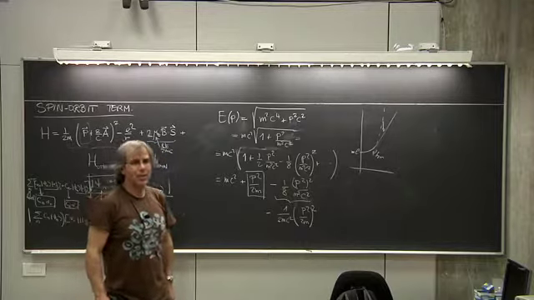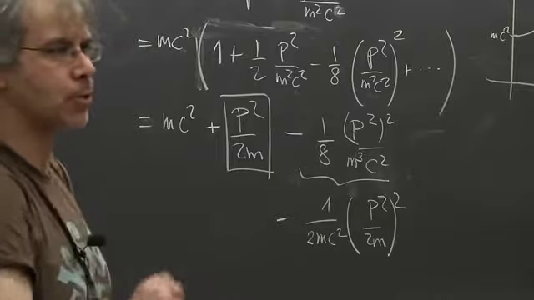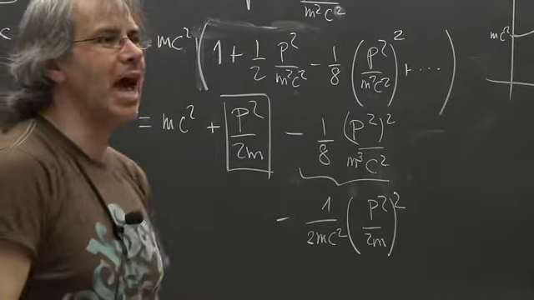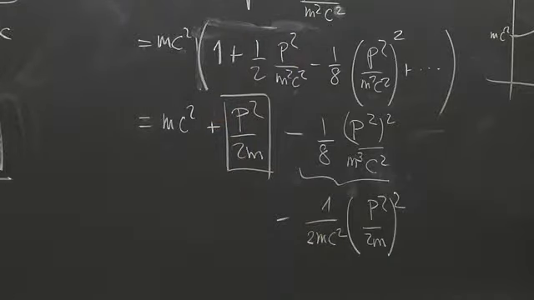Now you see clearly why this term is small for all our purposes. If I ask you what is the average value of p squared over 2m, the kinetic energy, in a hydrogen atom, what would be your answer? I don't want a precise number, an order of magnitude. About 13, about a Rydberg, okay? I don't want to know if it is a Rydberg over 2 or a Rydberg. It's about a Rydberg.